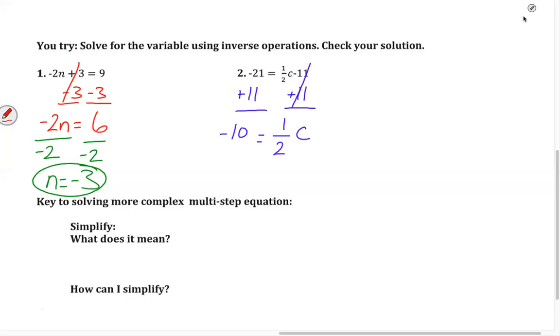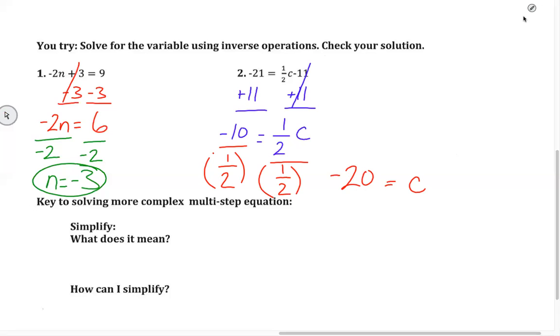I'm certainly able to do that. Now, when I divide by 1/2, that's a little tricky. We need to make sure we use parentheses. Okay? So when I do that, I get 20. All right, so in this case, it's going to be negative 20.